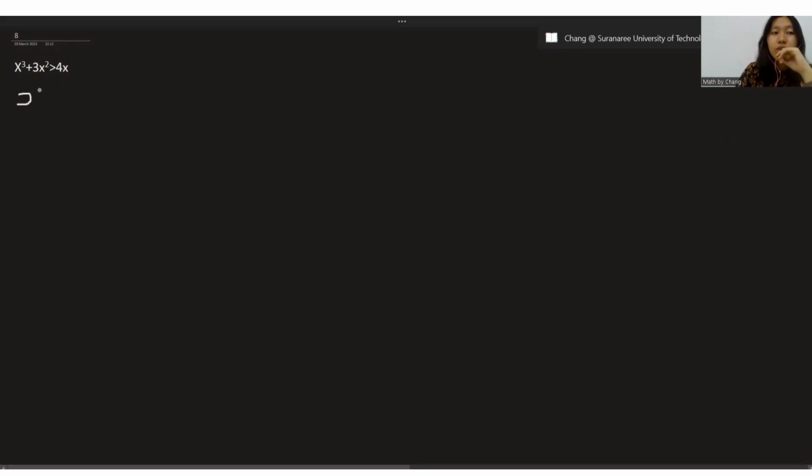Firstly, we have to subtract 4x from both sides. So x cubed plus 3x squared minus 4x is greater than 0, since if you subtract 4x on the right side, you will get 0.